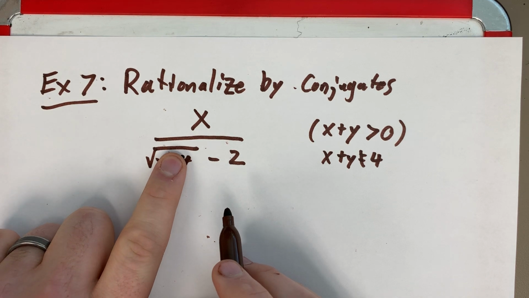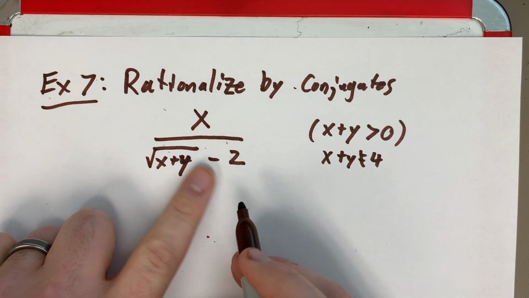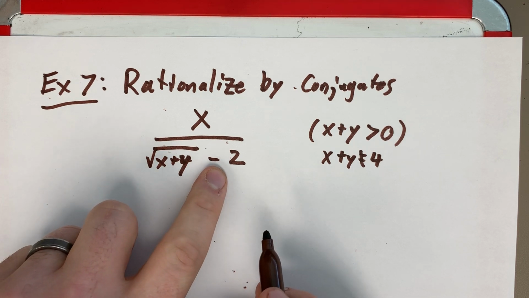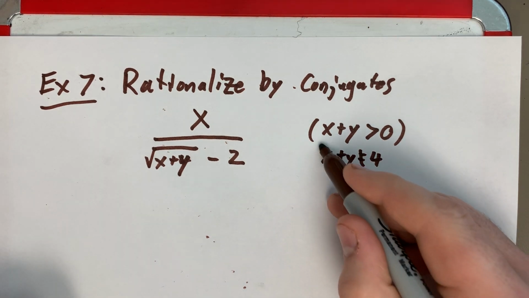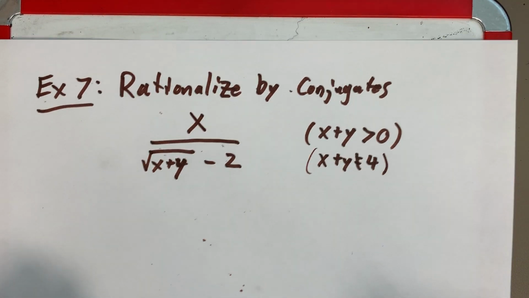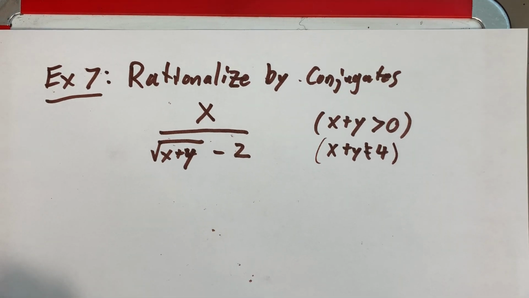So if I had 4 in here, we would have square root of 4, and that's 2, and then we have subtracted 2, and that ends up with a 0 in the denominator. So we also want that specification. That's important. But it doesn't really change how we're going to do the problem.